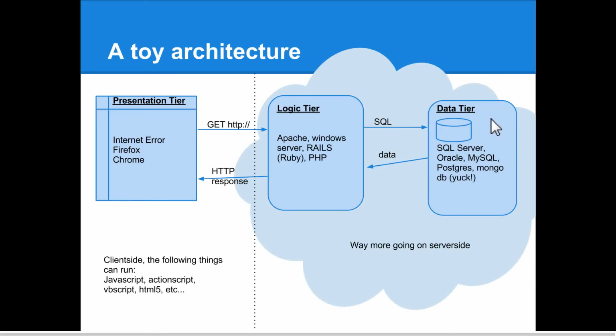So here in this slide, I have presented basically a little toy architecture to introduce you guys to some of the things that go on when you open up a browser and visit a web page. Basically, the browser handles the presentation tier most often. And things there that can run that handle presentation could be your own CSS scripts, or rather style sheets, scripts.